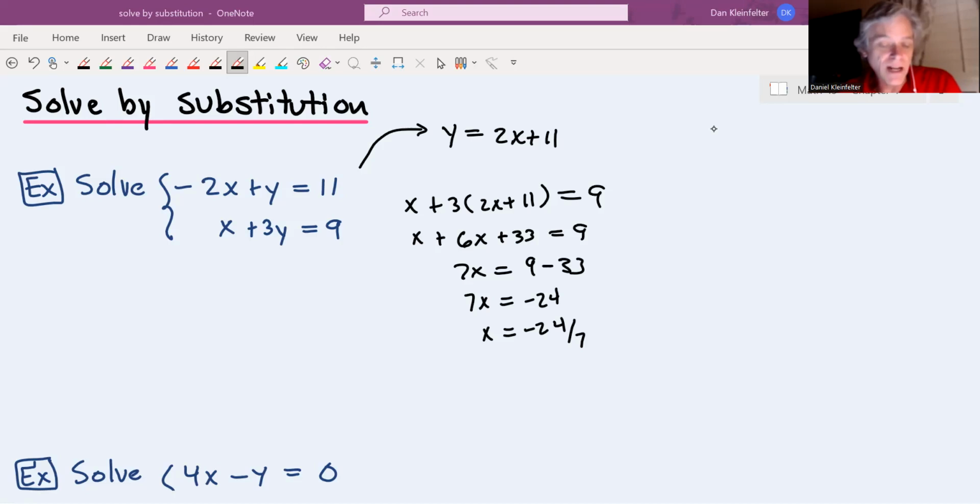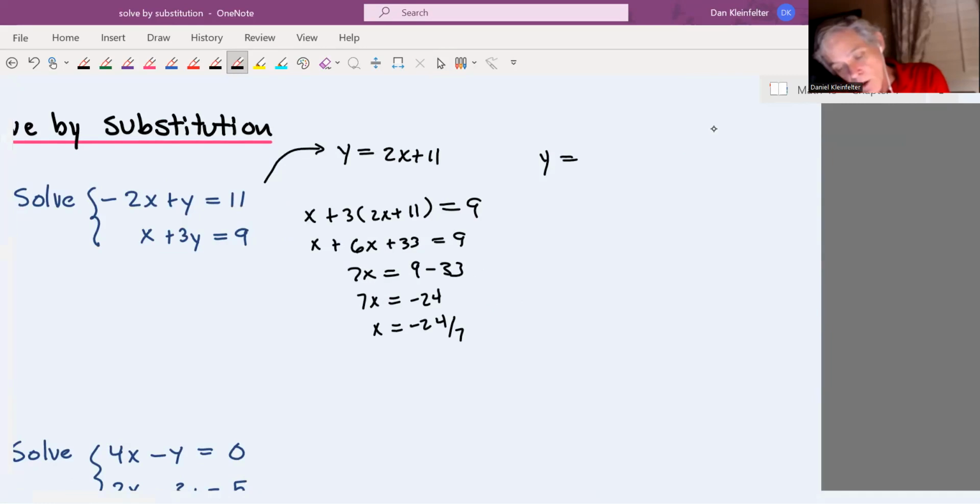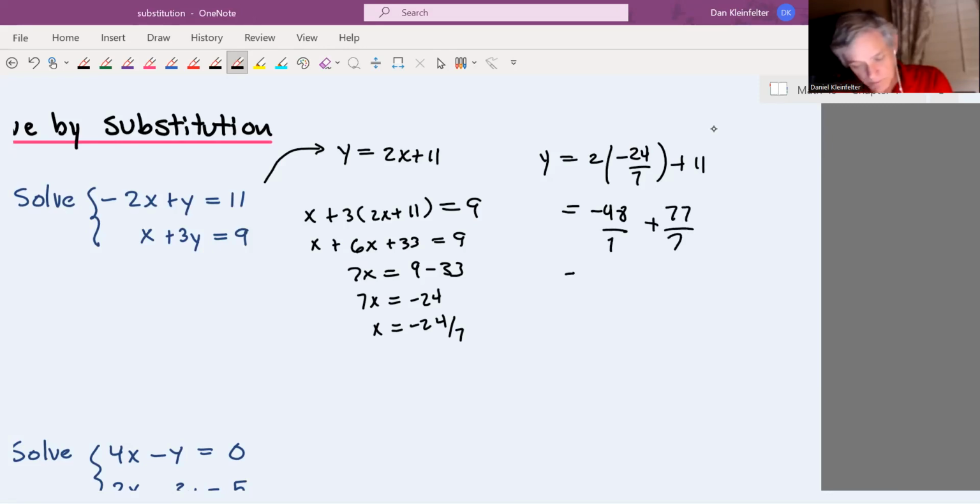Once we've got the value for x, we can substitute this back into either equation and calculate the corresponding value for y. So here I'll go back to the 2x plus 11 one. y is 2x plus 11. And then we have a little bit of arithmetic to do. So this is negative 48 sevenths plus 77 sevenths.